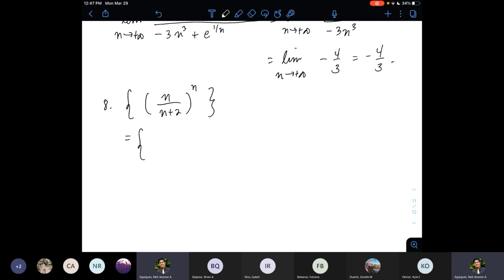If you list the elements, when n is 1, we'll have 1/3. If n is 2, we'll get 2 over 4 squared, that's going to be 1/4. If n is 3, we'll have 3 over 5 to the third power, which is 27 over 125.